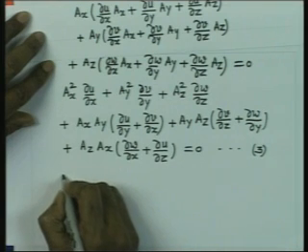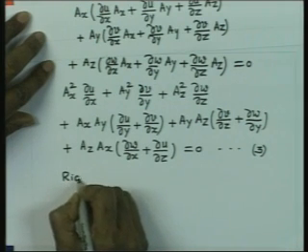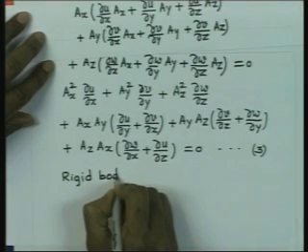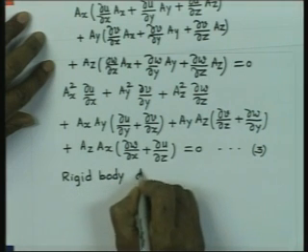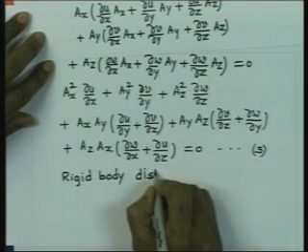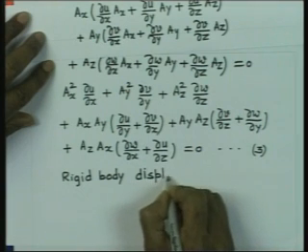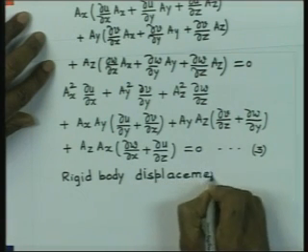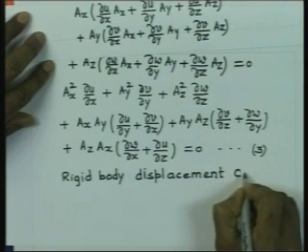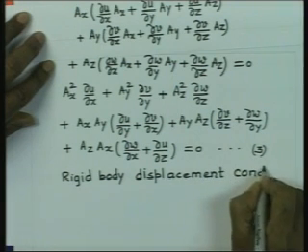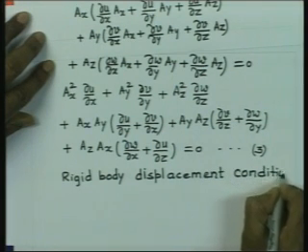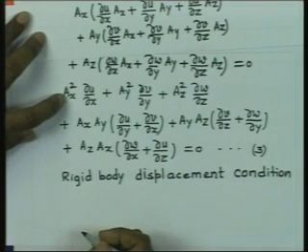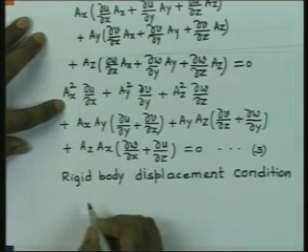So, therefore, rigid body displacement condition. The body is going to move like a rigid body without deformation if the coefficients of all these terms are 0.